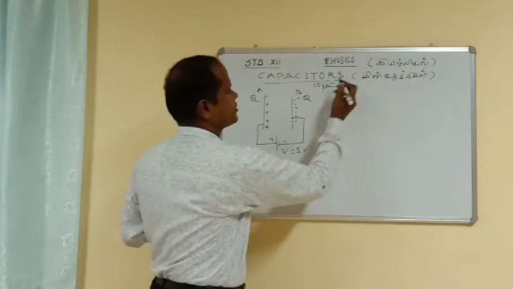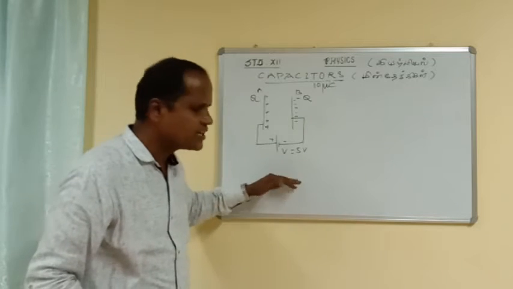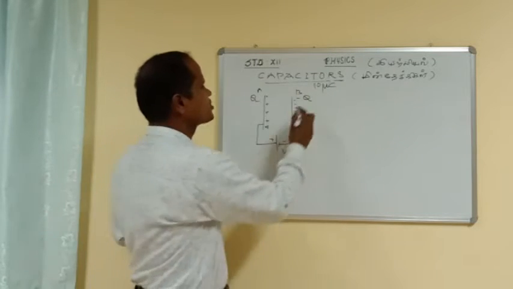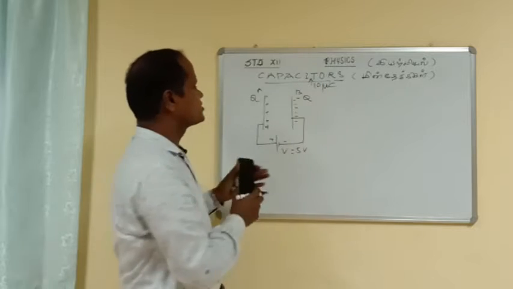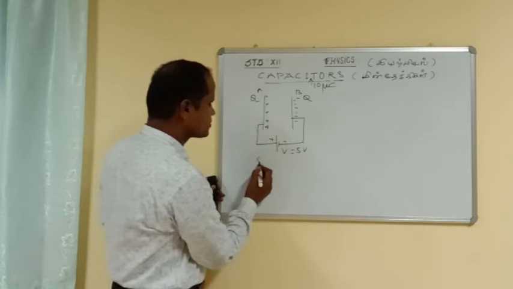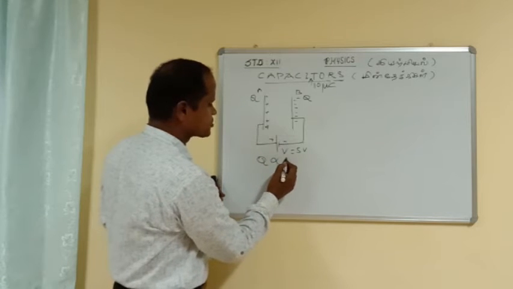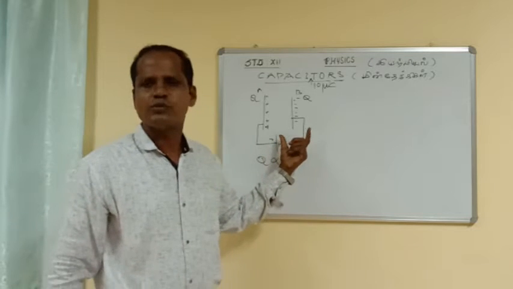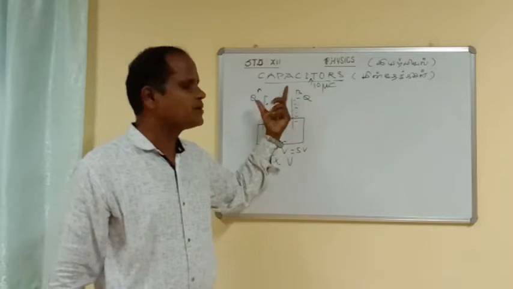Now if you increase this 5 volt to 10 volt, automatically the charge will increase. So in general you can say the charge developed is directly proportional to voltage. If you are giving more voltage, more will be the charge developed in the plates.